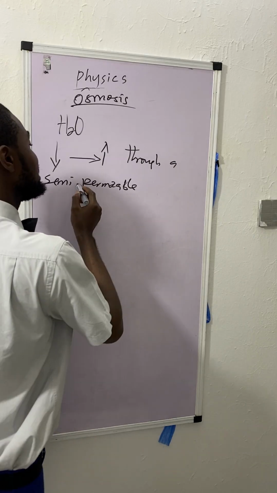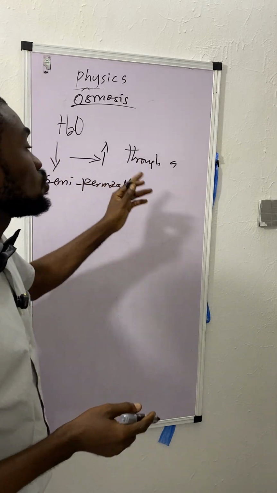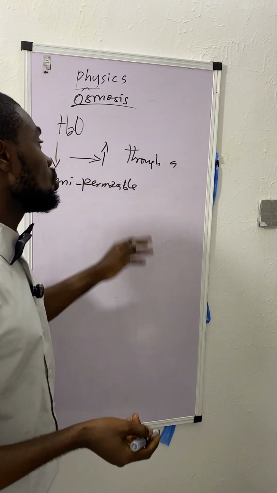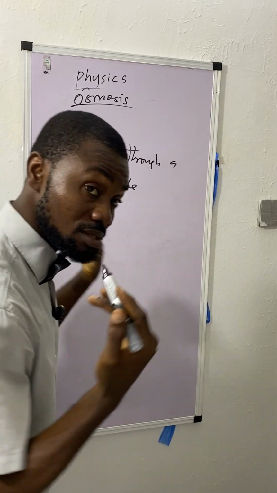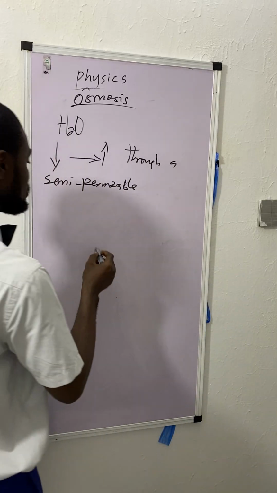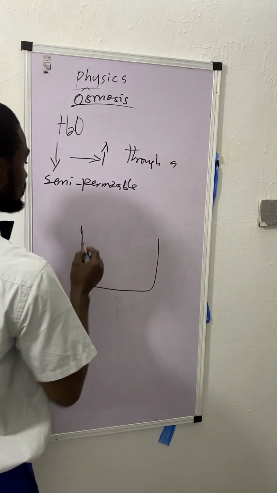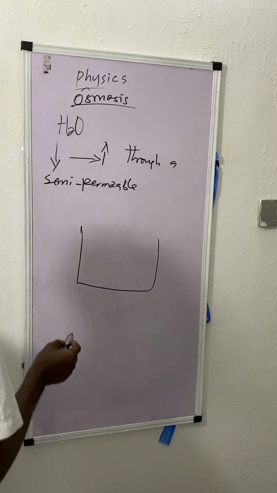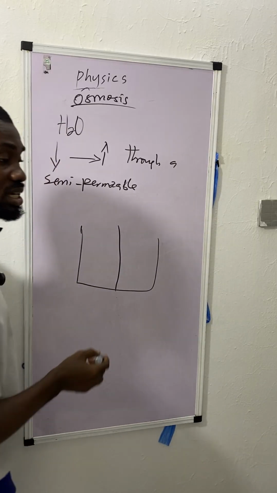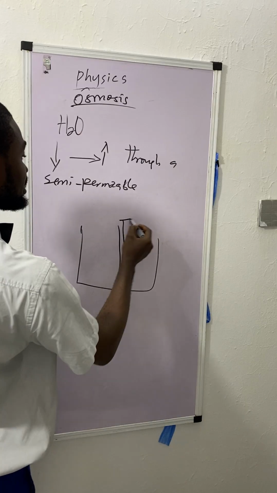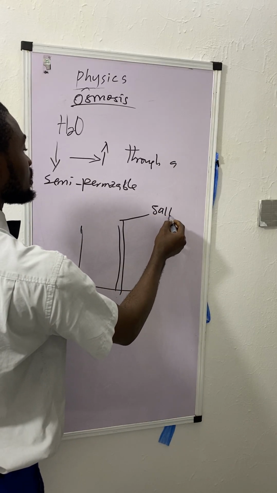It means that the membrane is selective. Not every molecule can pass through. Only water molecules can pass, other molecules stay behind. So for example, let's say we have one bowl here, and here we put a semi-permeable membrane. They call this a salt bridge.